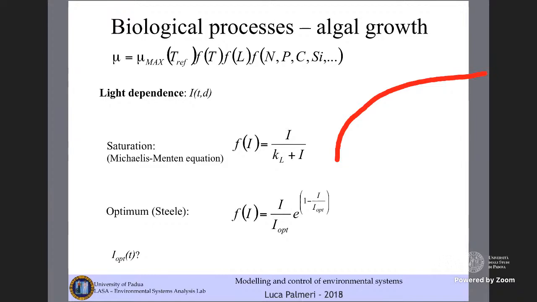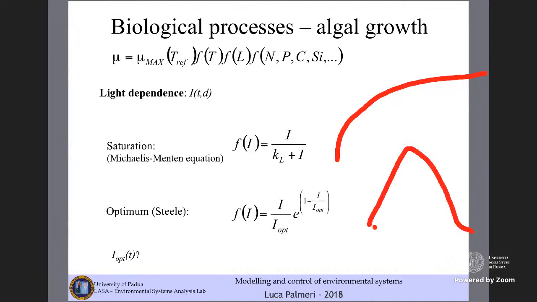While we may employ a second approach, the so-called Steele approach, or an optimum approach, that is the second one that I'm representing here, in which the limiting function has a bell shape or optimum shape.